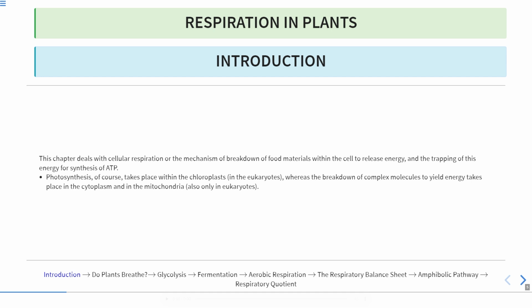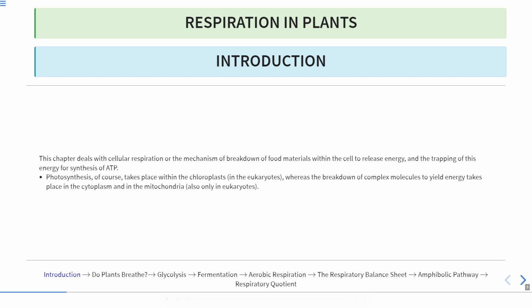Photosynthesis, of course, takes place within the chloroplast in eukaryotes, whereas the breakdown of complex molecules to yield energy takes place in the cytoplasm and in the mitochondria, also in eukaryotes. What does this mean? What is the site of photosynthesis? The site of photosynthesis is the chloroplast, and chloroplasts you see in the case of eukaryotic cells, right?